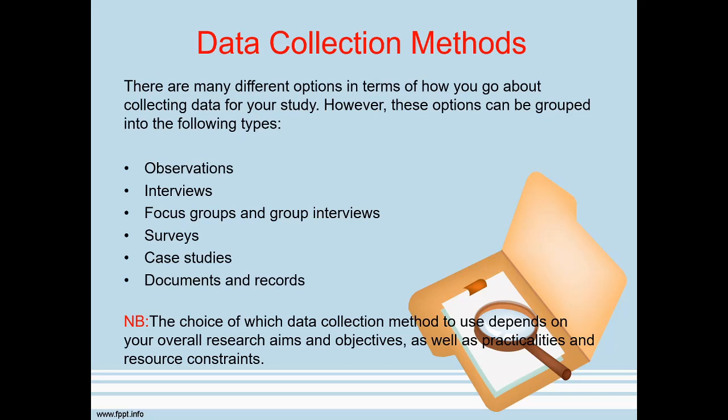Last but not least is documents and records. This is usually records or archives of information on the sample. For instance, maybe detailed information on the prices charged by Uber drivers and their daily routines and so on, which are already documented. So this is another form by which we can collect information.